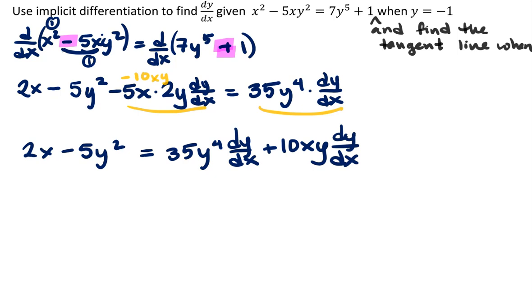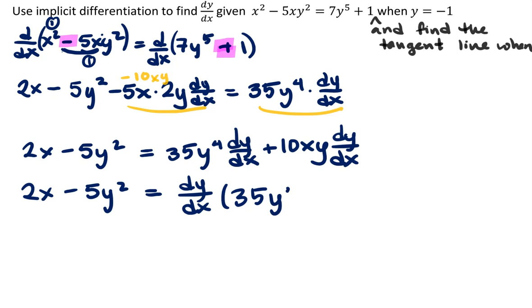So I've gotten my dy/dx's isolated on one side, but there are two of them, so I will have to factor. If I factor out dy/dx, I'm left with 35y to the fourth plus 10xy. And again, remember, just imagine distributing to check yourself. If it doesn't turn back into what you have written above, then you've done something wrong.